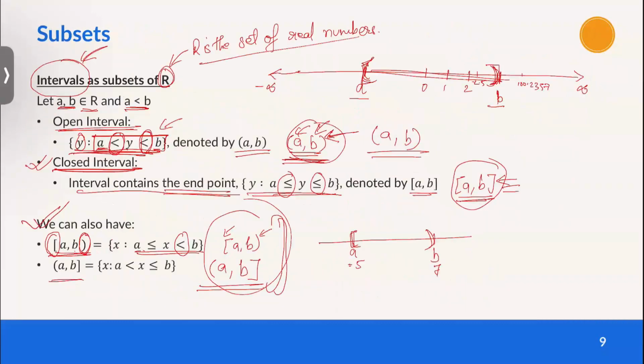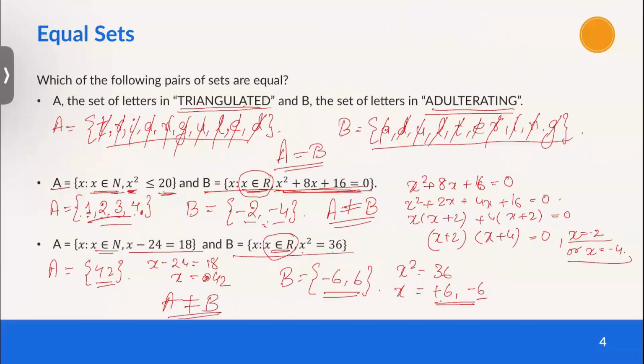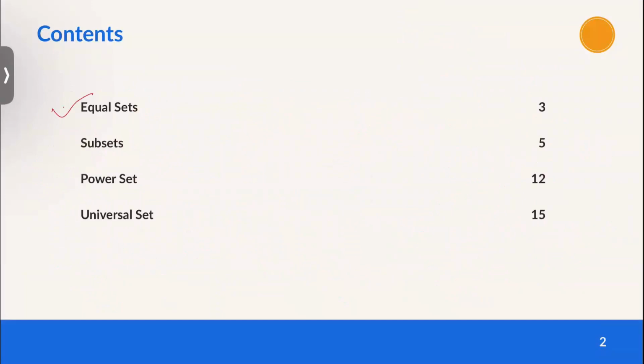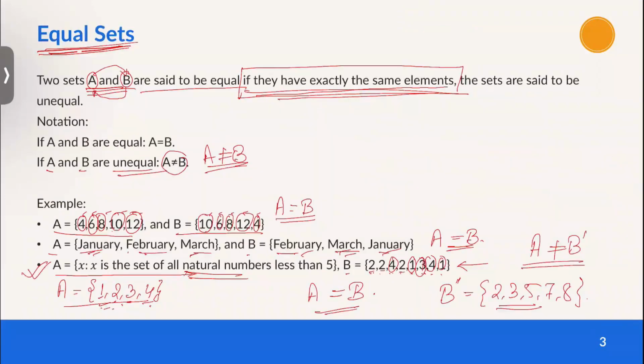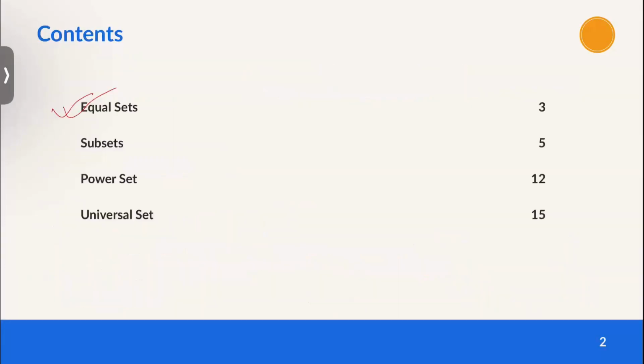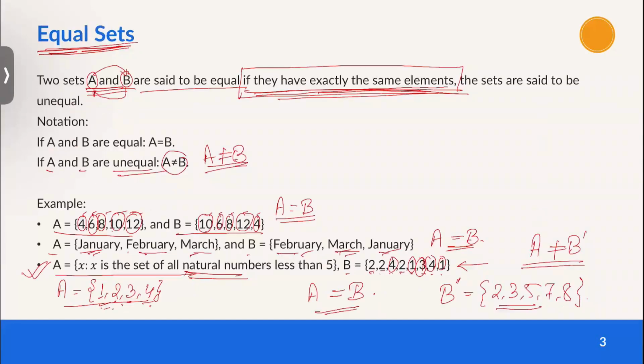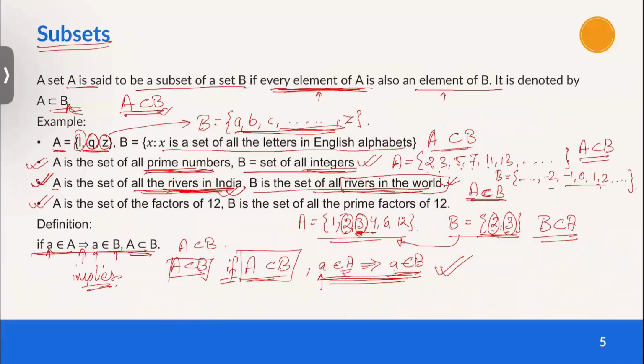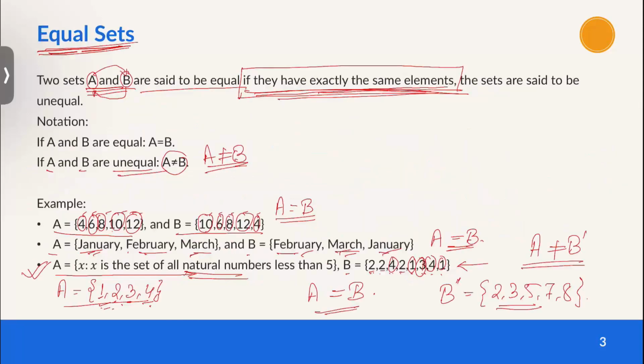So what did we discuss in this lecture? We discussed what equal sets are. The sets which have exactly the same elements are known as equal sets. Then we discussed subsets: how we denote subsets, and when a set is known as a subset of another set.